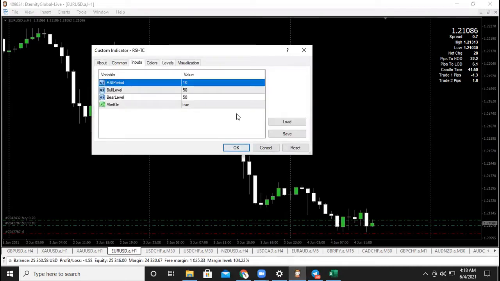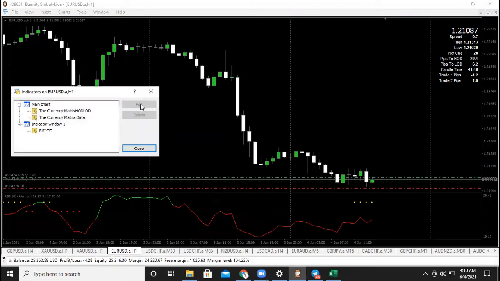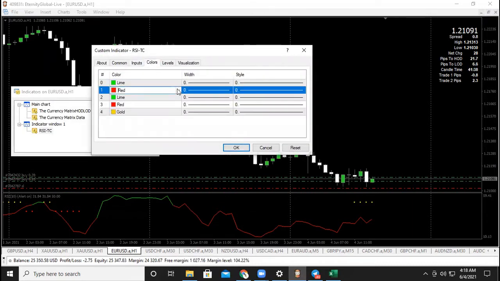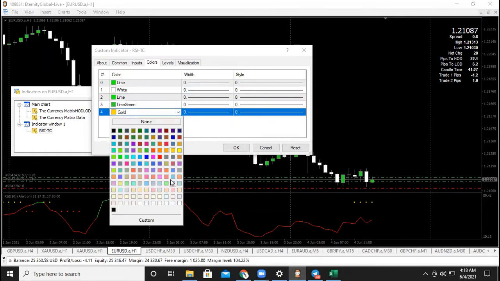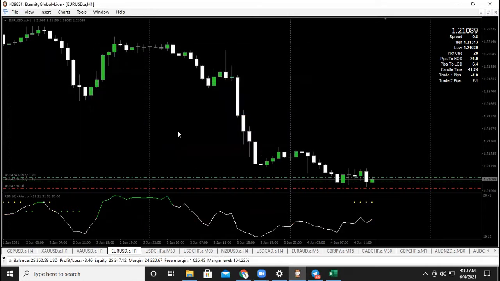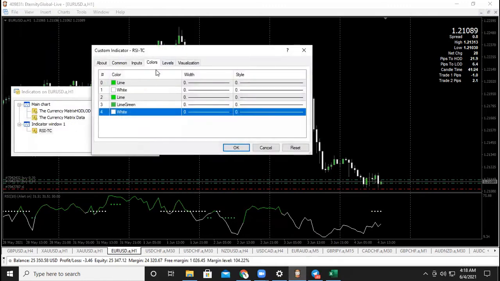And I set my RSI period here on 10. Let me go ahead and fix this for us. Having to edit the RSI just momentarily. All right, now let me put my levels in there.